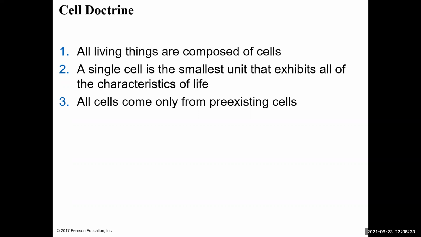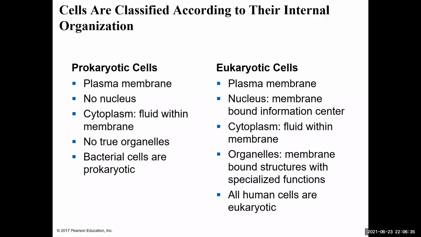Now, if we look at the general characteristics of cells, we have prokaryotic cells and eukaryotic cells. And remember that prokaryotic cells are in the bacteria domain and the archaea domain. And then eukaryotic cells are in the domain Eukarya.